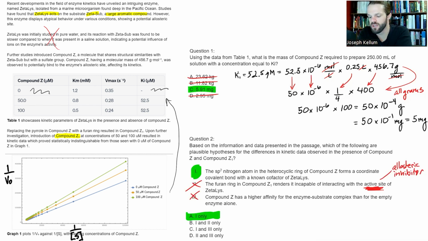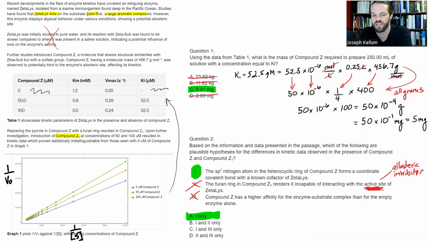Yeah. So these are meant to just be hypotheses, meaning it's not necessarily true. It is an explanation that is consistent with what we're able to observe and what we know to be true. So whether zeta lyse actually has a cofactor or not, we can't really say. But the reason that I wrote cofactor there is to also test the coordinate covalent idea.